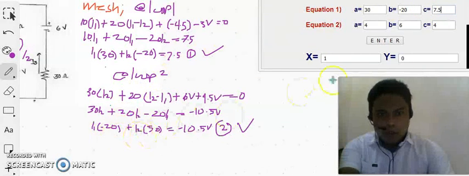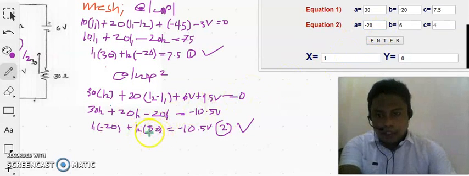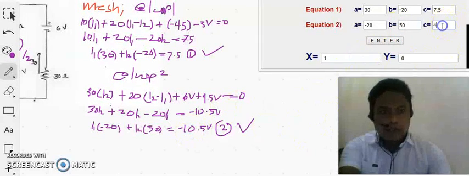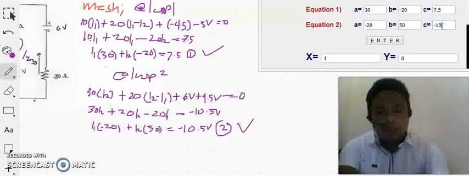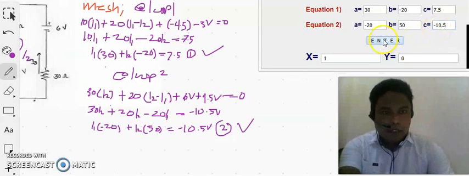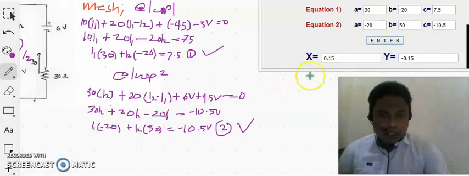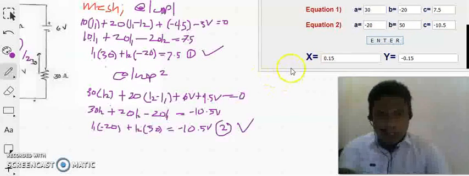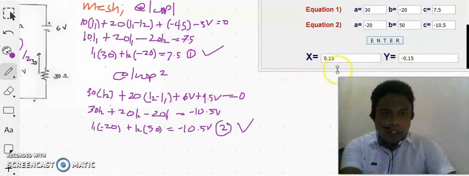For equation 2, we have negative 20, I2 is 50, and C is negative 10.5. Then we have the answer: our I1 is 0.15, our I2 is negative 0.15.